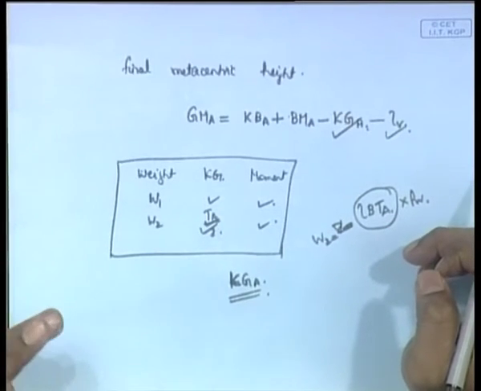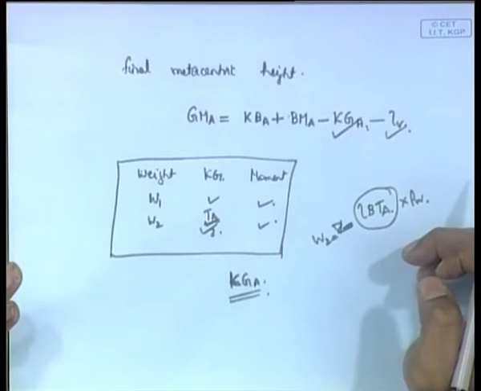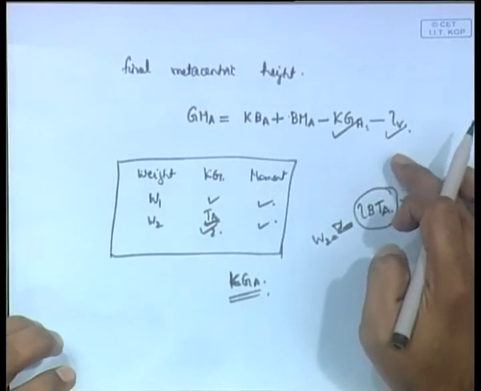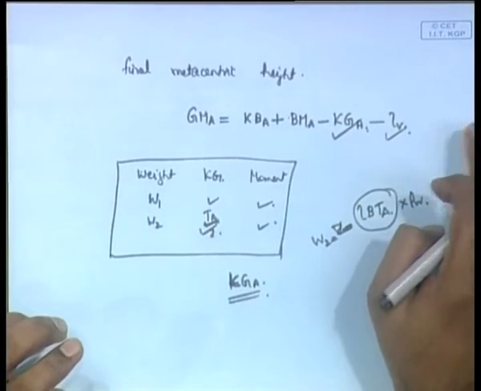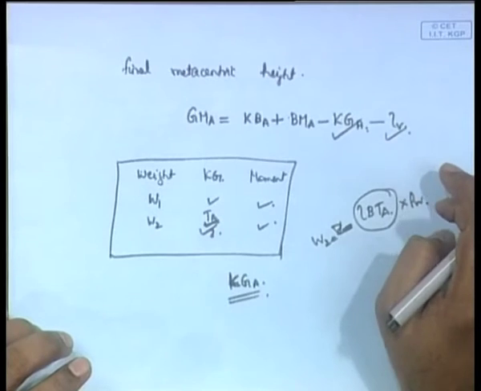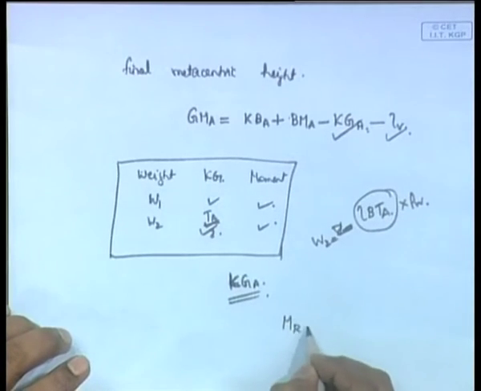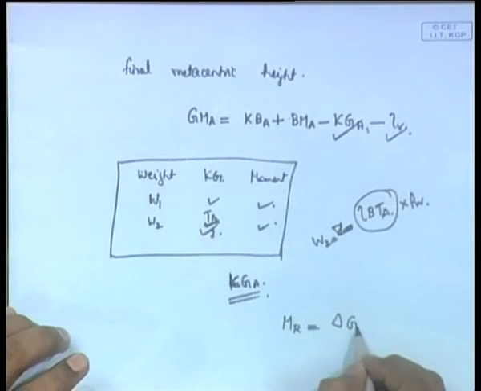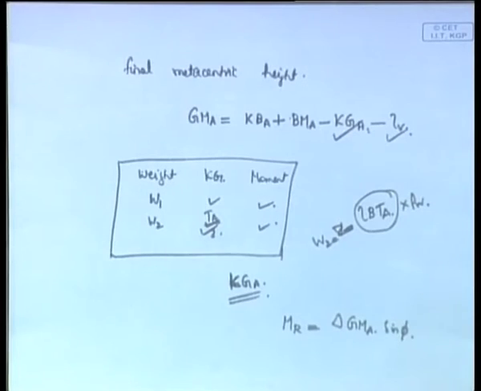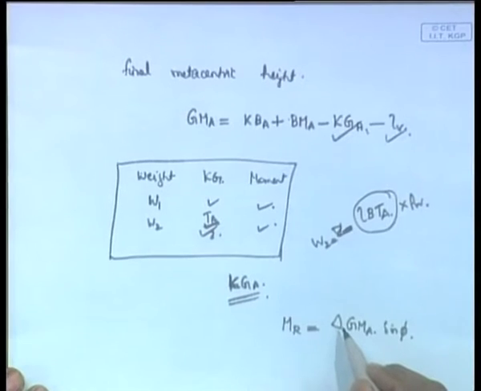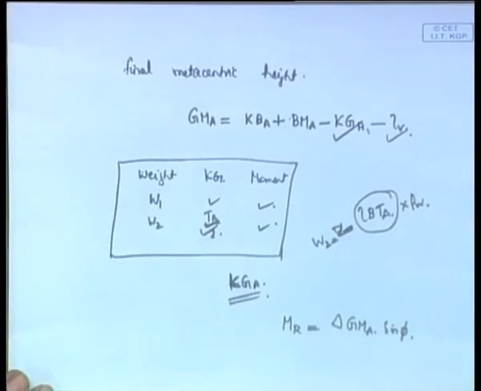The only additional thing probably you have to do here is that of the free surface effect. So, it might be easier to do the loss of buoyancy method. We can do that also, and once you do that, you find the righting moment Mr using delta into Gm final into sin phi. Now, see what will happen is that delta is different in both the cases, in the case of loss of buoyancy and in the case of added weight.